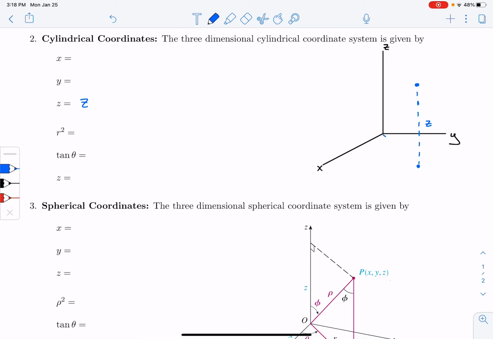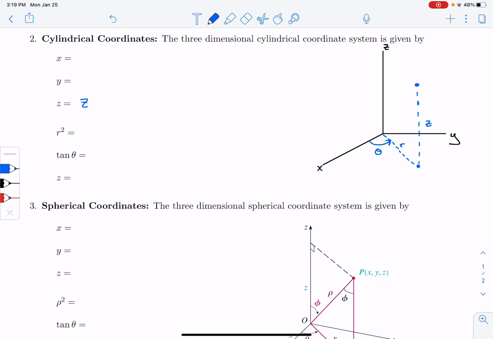So here we will locate the projection of that point in the xy plane, and that's going to be an angle theta from the x-axis, and that's going to be a distance r from the origin. And so we can locate a point in cylindrical coordinates by knowing its distance from the origin in the xy plane, its angle from the x-axis, and then its height z.